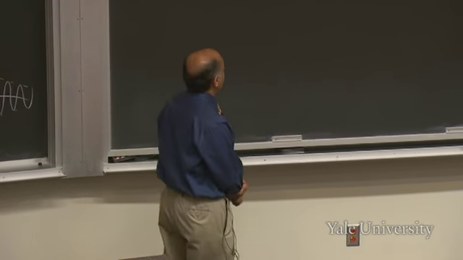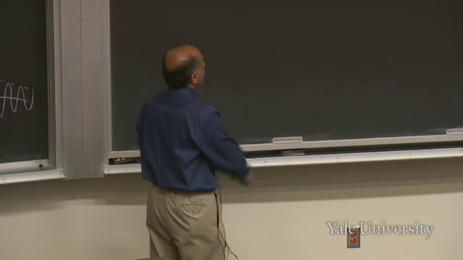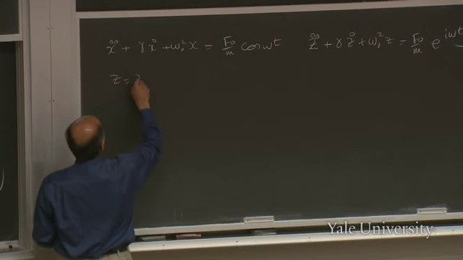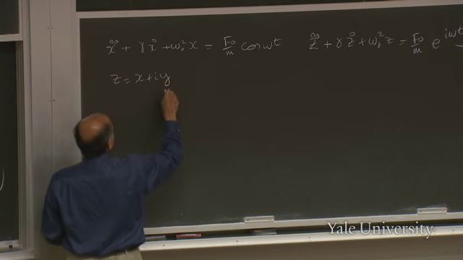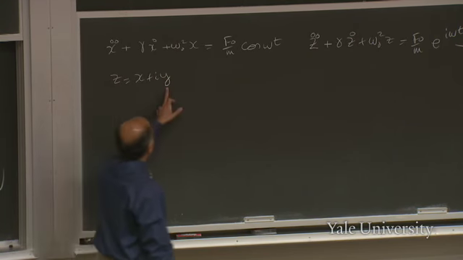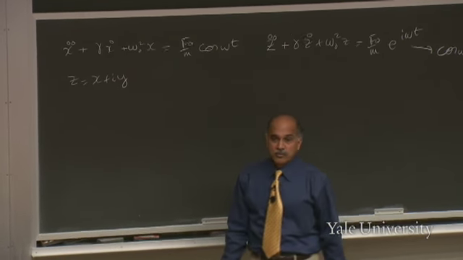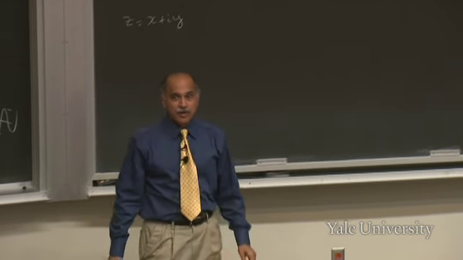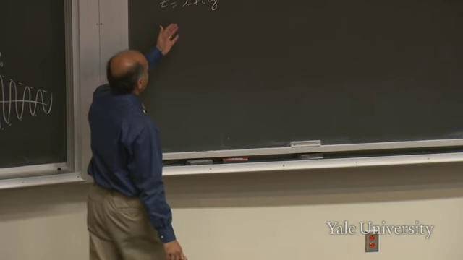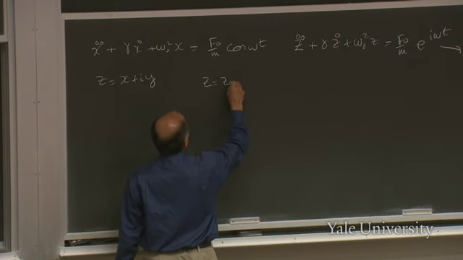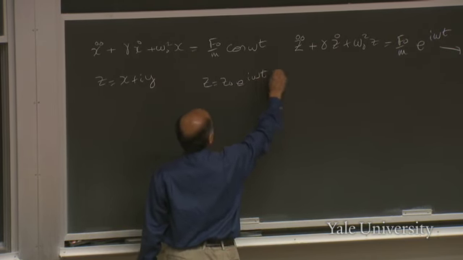That's the plan. That's going to be the strategy. So this z is going to be the x that I want, and we'll have a part hanging around, y, that I don't want, but y is being driven by the sin omega t, and x is being driven by the cos omega t. But now let's solve it by inspection. So let's make a guess that z looks like some number z naught e to the i omega t.